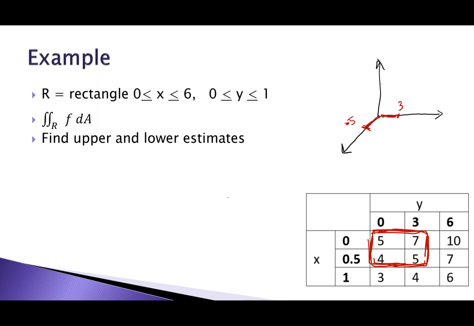So at 0, 0, my height is a 5. At 0, 3, my height is a 7. At 0.5, 0, my height is a 4. So this kind of comes down like that.